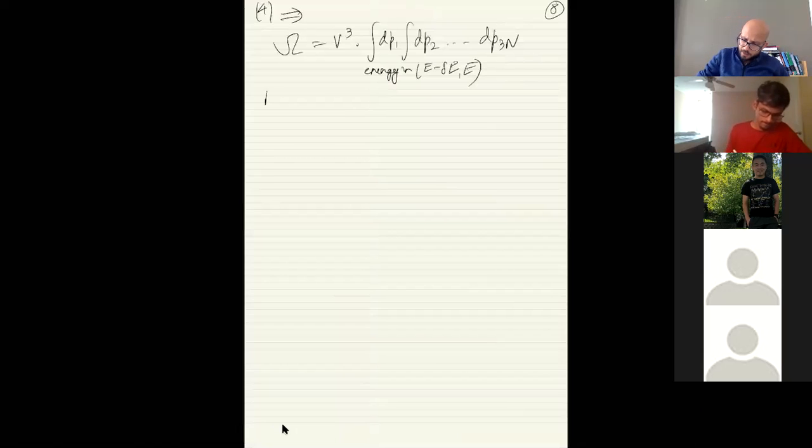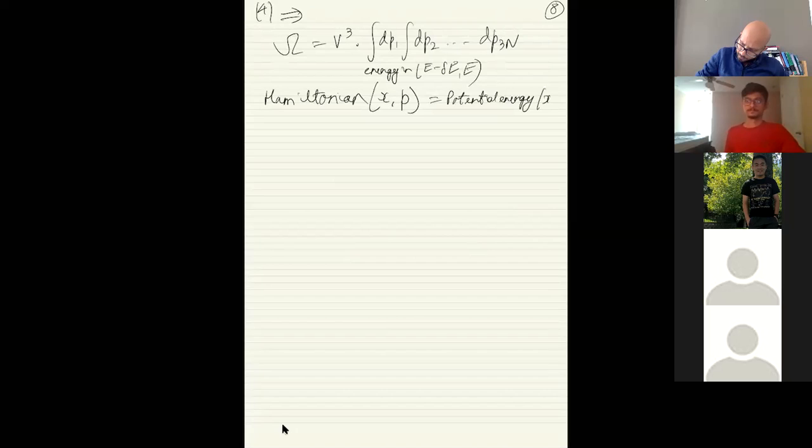In fact, what we have tacitly assumed here is that the Hamiltonian of the system as a function of x and p is given by potential energy as a function of x and kinetic energy as a function of p.